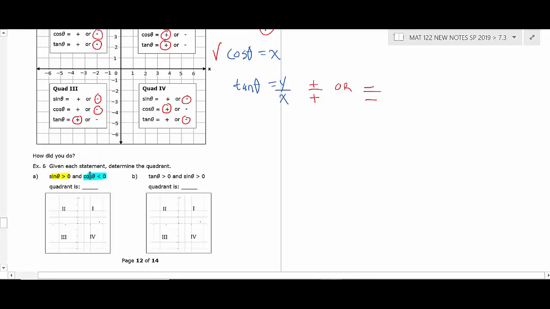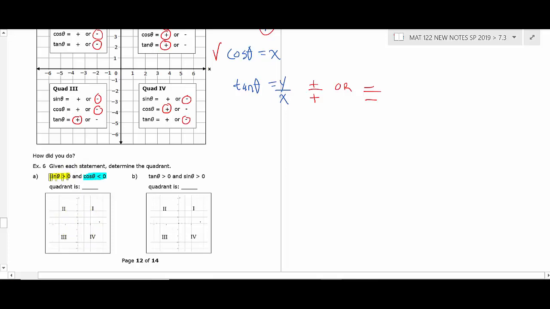So sine's above 0, cosine's below 0. So we're going to figure out what quadrant you would be in if these 2 conditions existed at the same time. The way I do this is I just draw a quadrant and I do check marks.